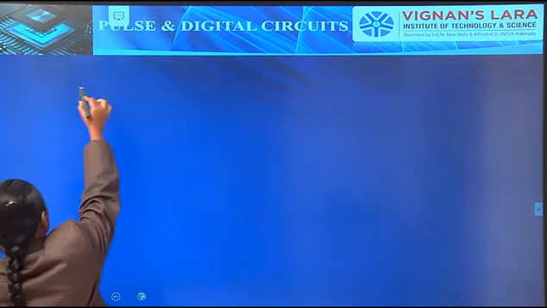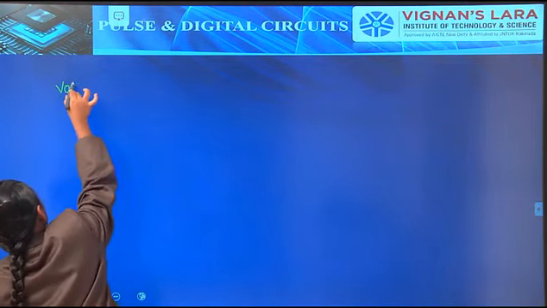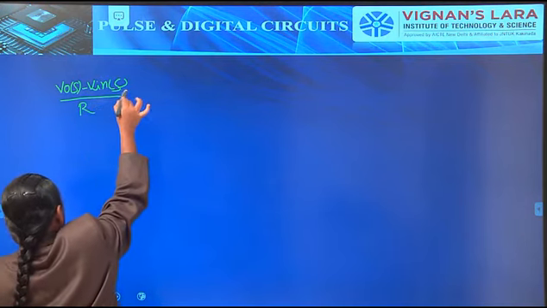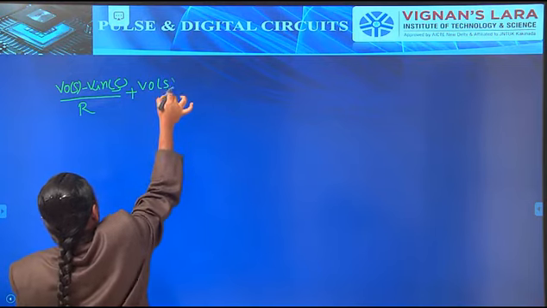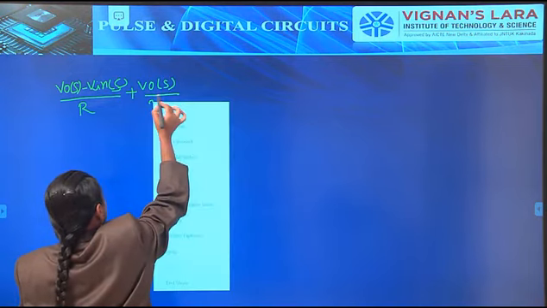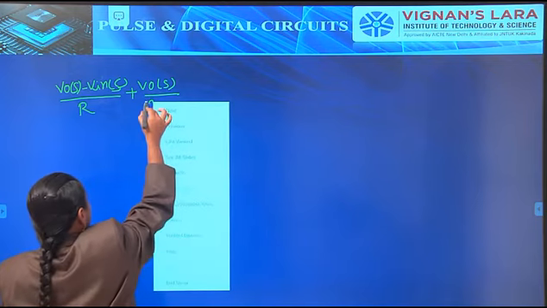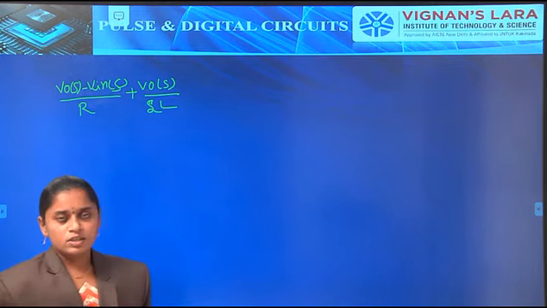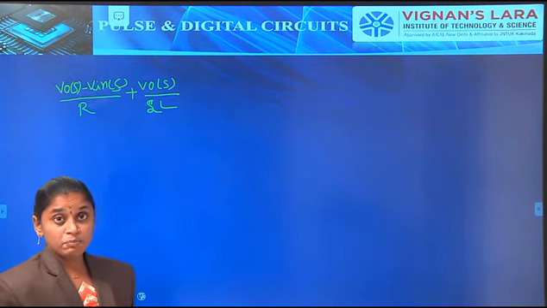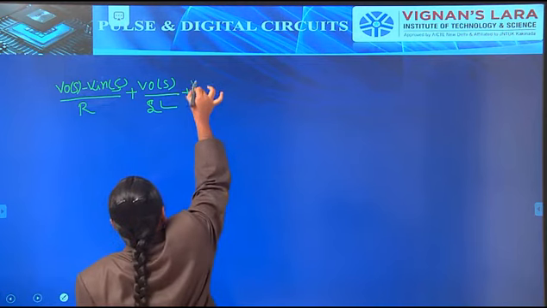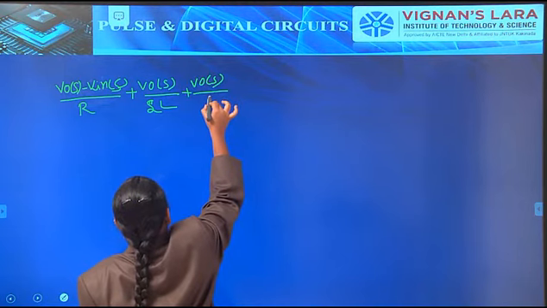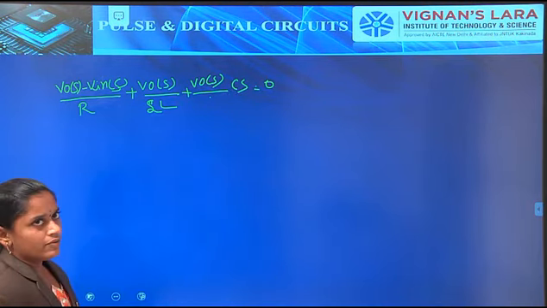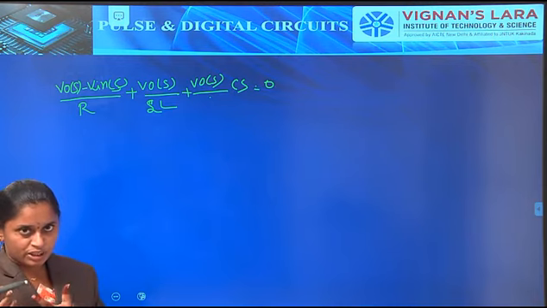Just check this condition, that is nodal analysis. V naught of S minus V of S by R plus V naught of S by SL, where L becomes S into L, and C becomes 1 by Cs, so plus V naught of S into Cs, equal to 0. Then we have to substitute the V naught of S value.